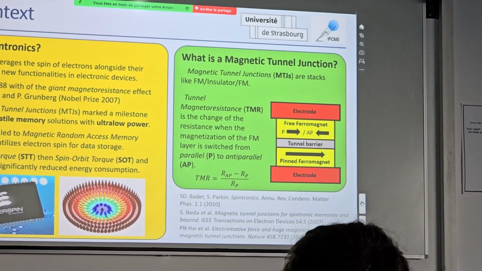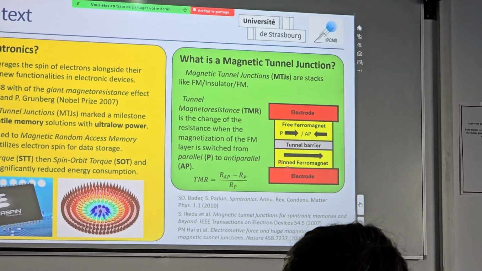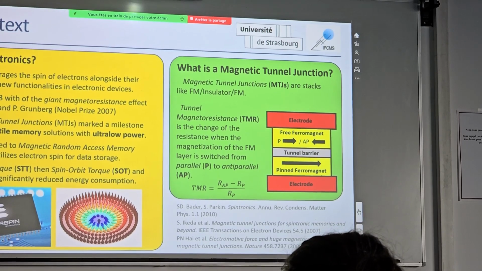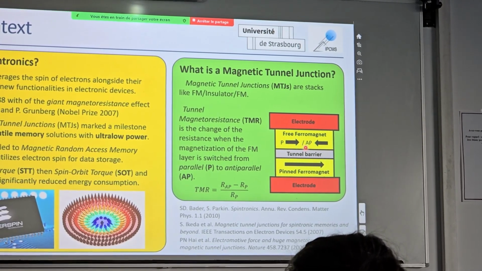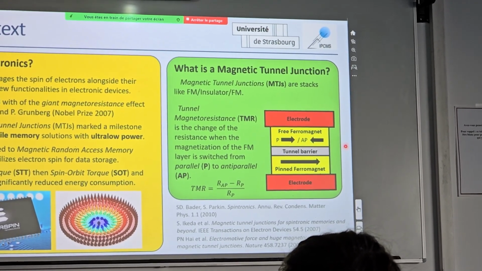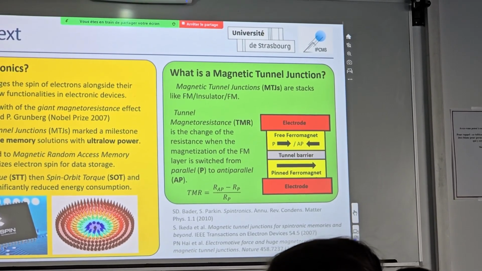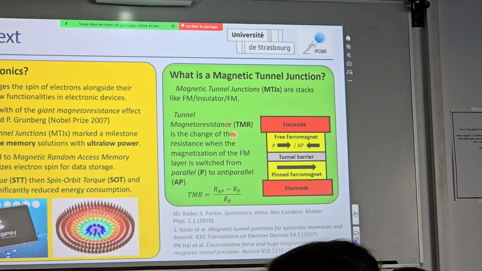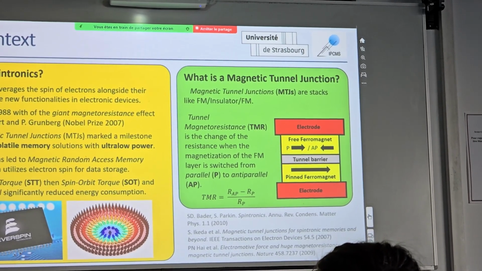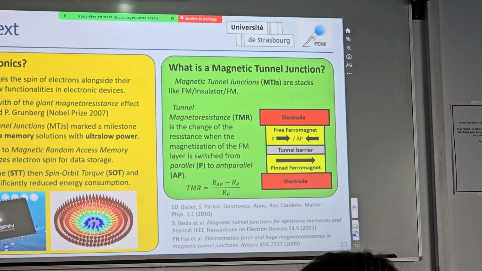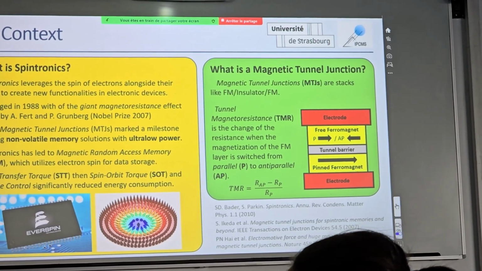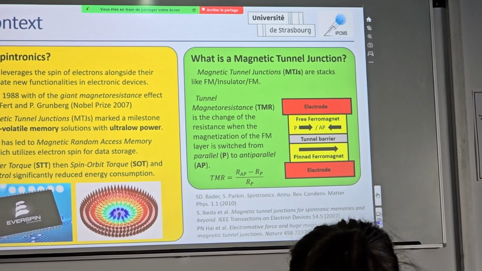One ferromagnet is usually pinned, so it has a fixed magnetization, and the other one is free, such that you can align its magnetization to the pinned ferromagnet in the parallel state, or anti-align it in the anti-parallel state. This induces the effect of tunnel magnetoresistance, which is the change of the resistance when the magnetization of the ferromagnet is switched from the parallel to the anti-parallel state.